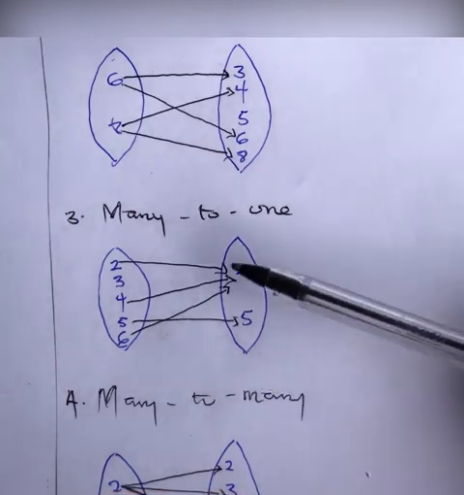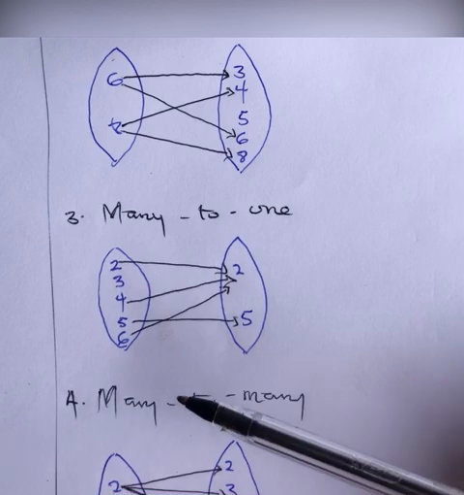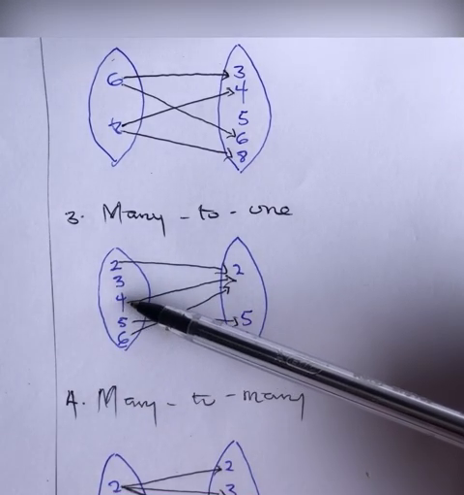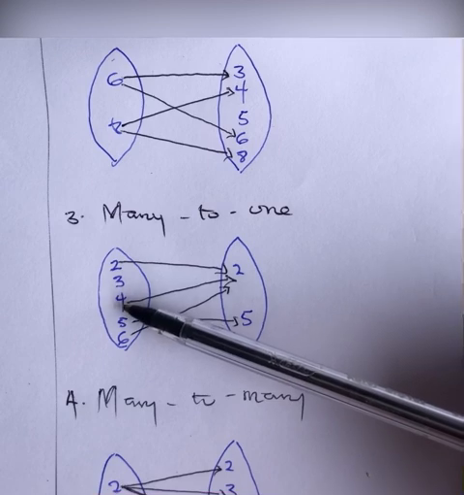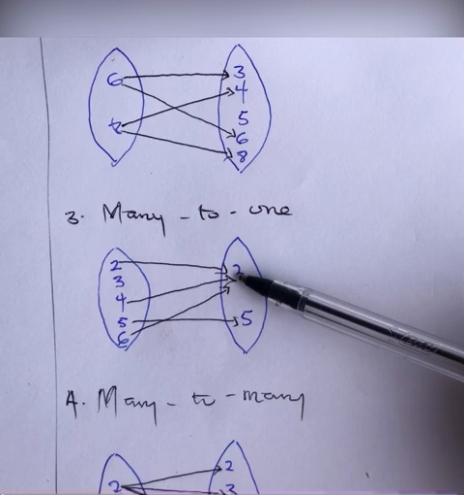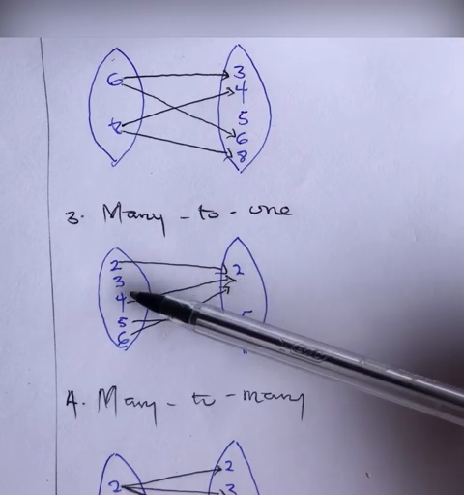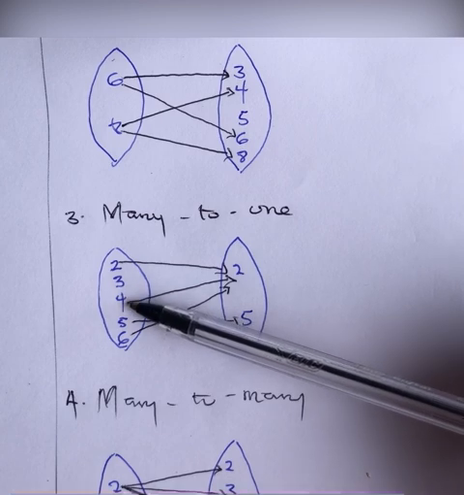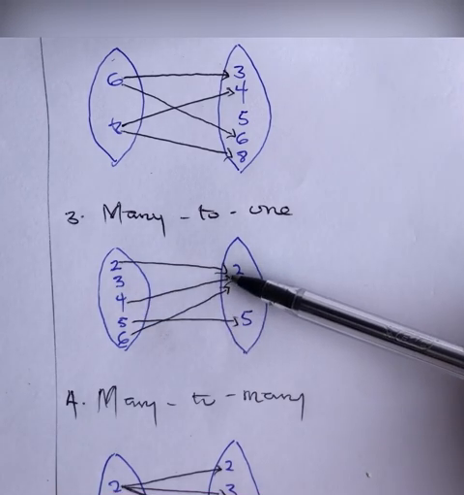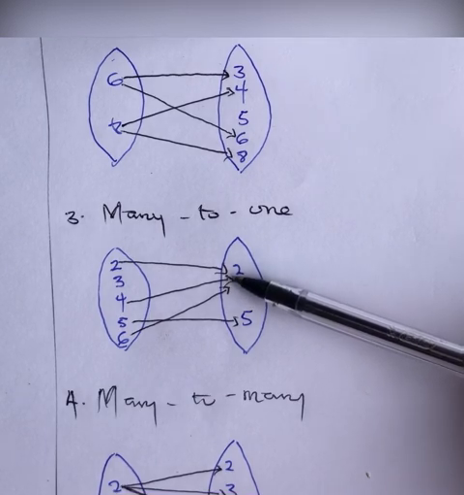We also have many-to-one. And for the many-to-one, as the name goes, 2 or more members from the domain are mapping onto just one member in the codomain.